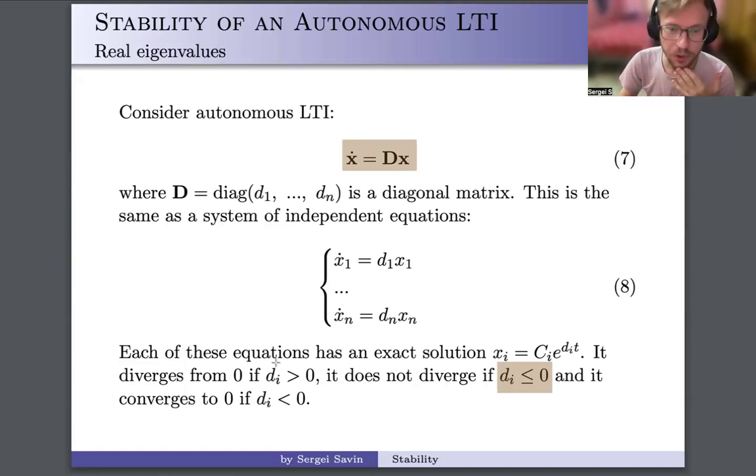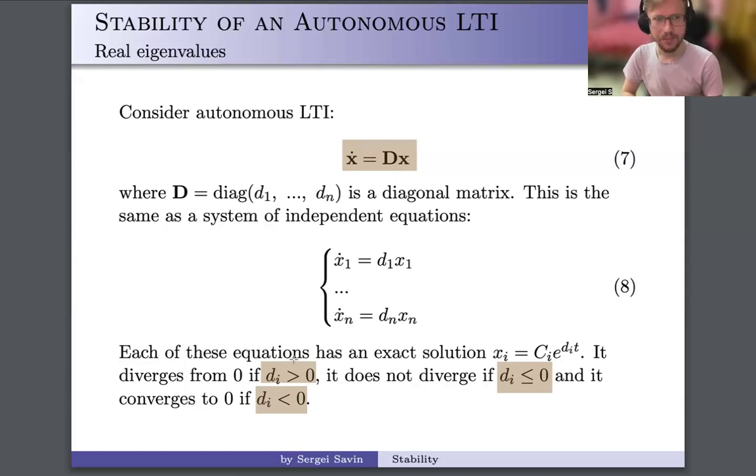And it is asymptotically stable if they are all strictly negative, right? So that is the difference between stability and instability here. It will be unstable if there is at least one positive coefficient. Any questions about this case?